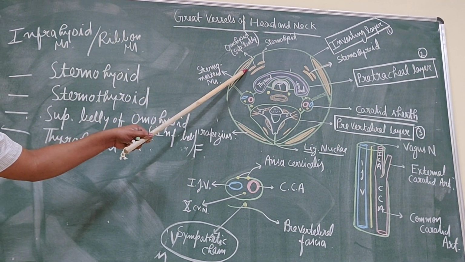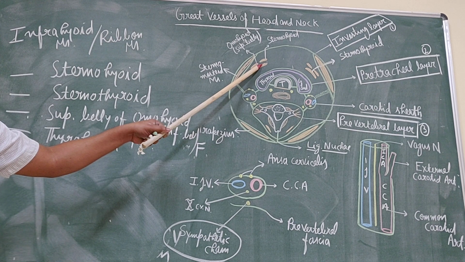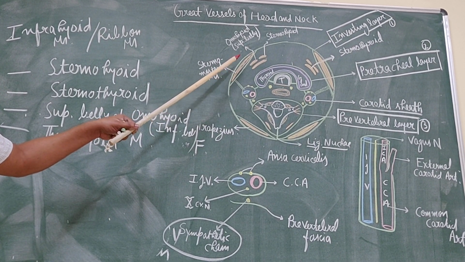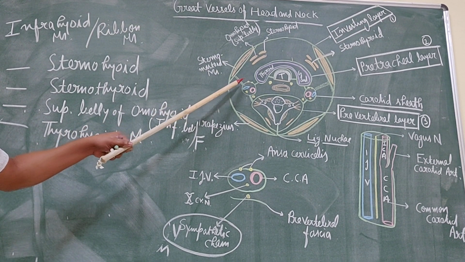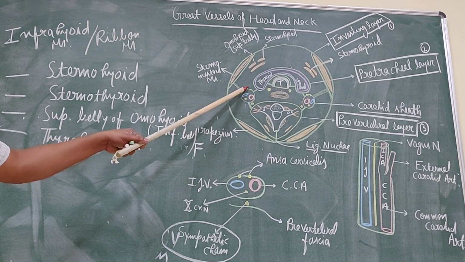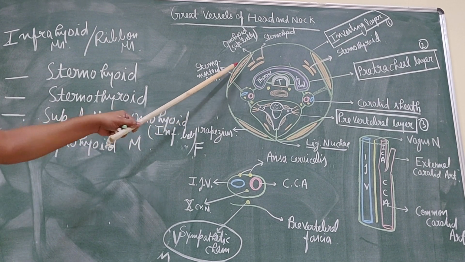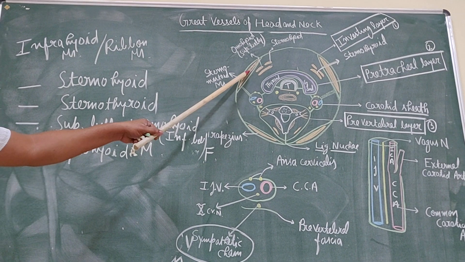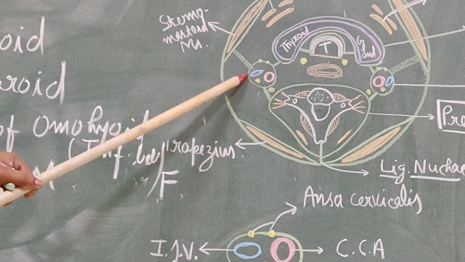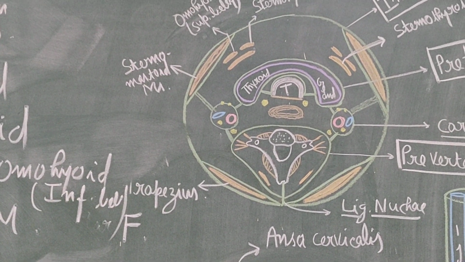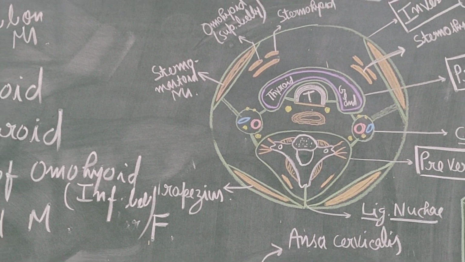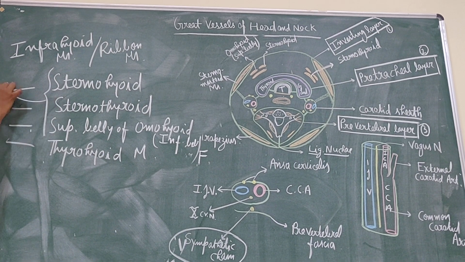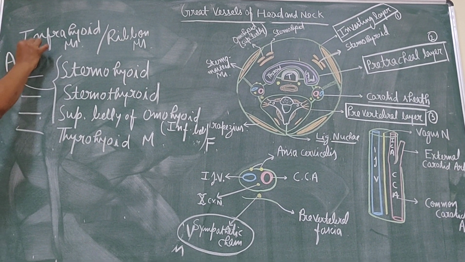Out of which these 3 muscles, the sternohyoid, superior belly of the omohyoid, and the sternothyroid, along with the sternocleidomastoid, overlap or come in the anterior relation of this carotid sheath, meaning anterior to the common carotid artery or internal jugular vein. These 3 muscles are supplied by the branches of the ansa cervicalis.